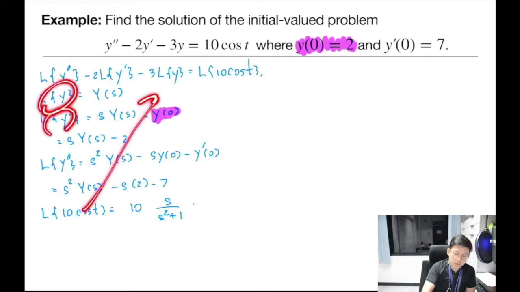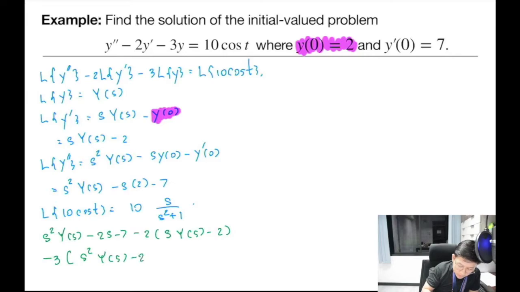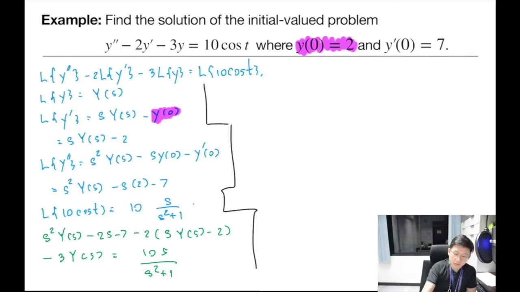Okay, so right now we have s squared Y(s) minus 2s minus 7, minus 2 times the Laplace transform of the first derivative, and minus 3 Y(s) equals 10s divided by s squared plus 1.